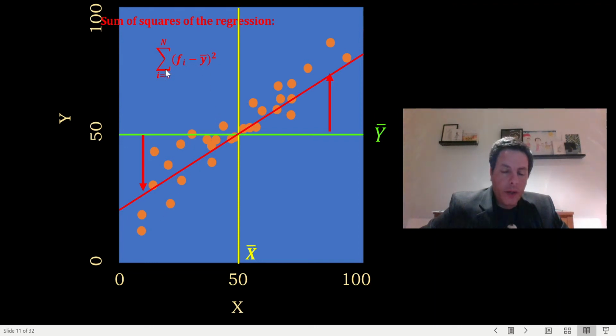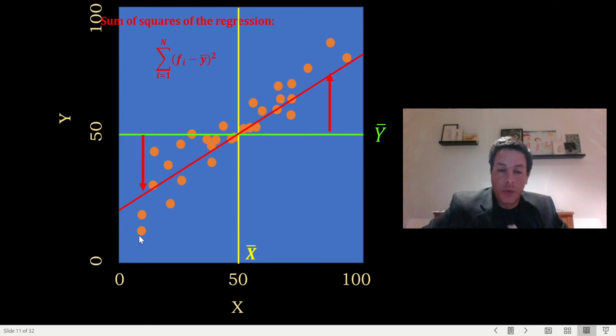And one thing that we need to calculate what we call the R-square, to determine how much of the variability in variable y is explained by the regression model, is this.